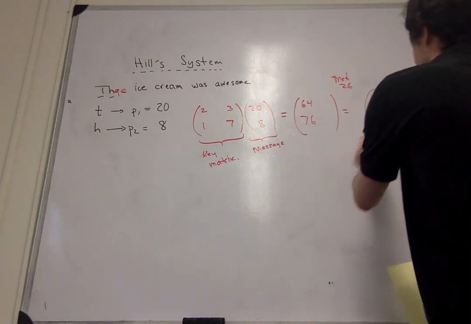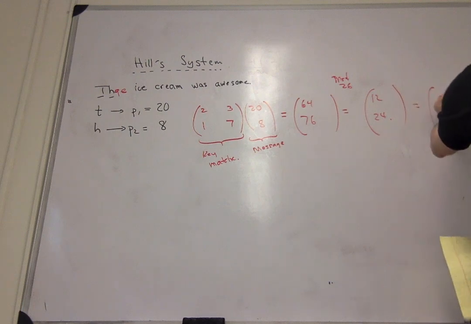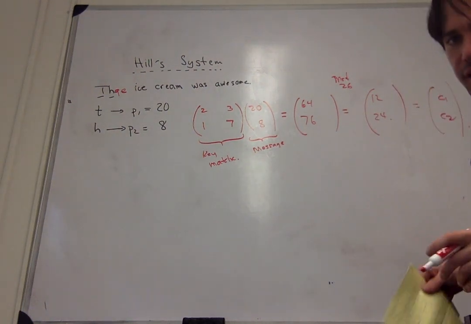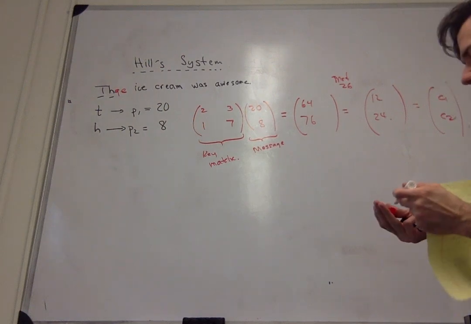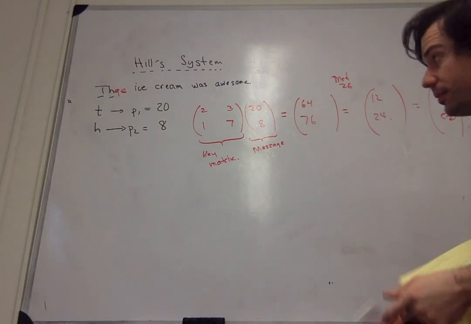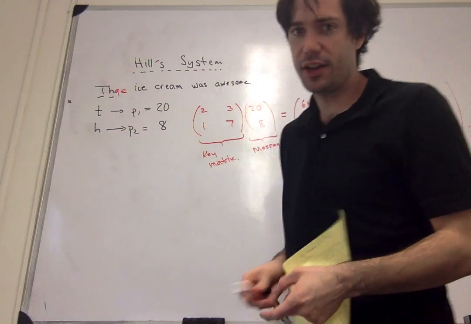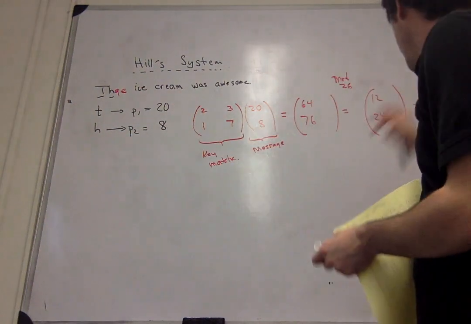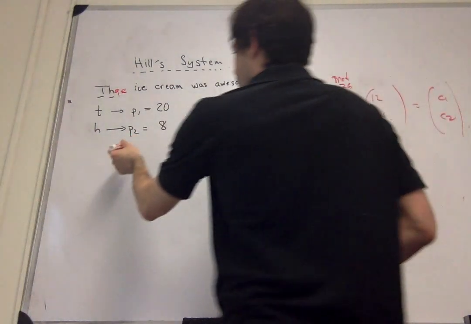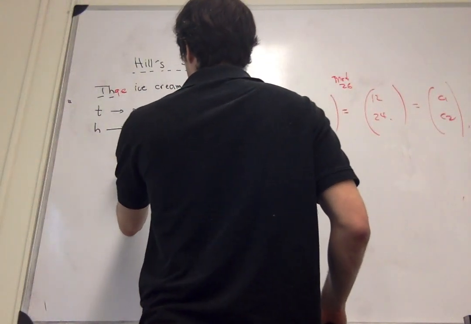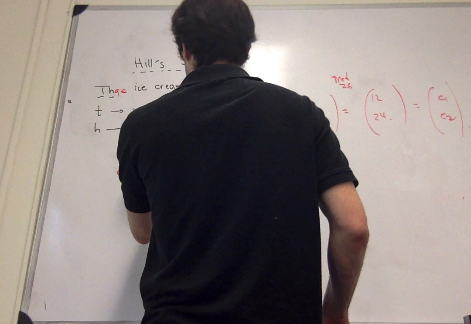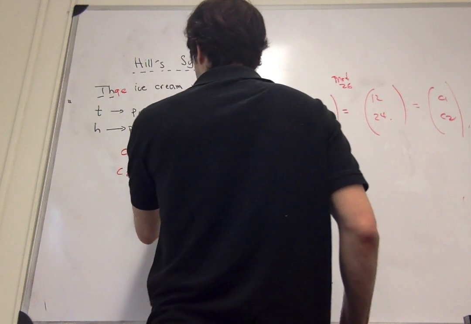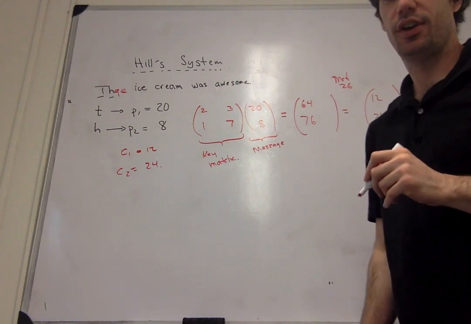So this would be our ciphertext. Okay, so once you carry the calculation out, you're basically gonna start off with TH, which is positions 20 and 8, and you're gonna end up with your ciphertext C1, C2, which is 12 and 24.